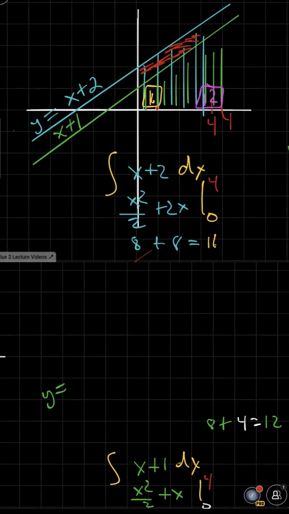Because we know that the blue area was 16 and the green area was 12, then this area between the two, the red area, is just the difference between those two, equal to 4. So the area between the blue function and the green function is just 4.